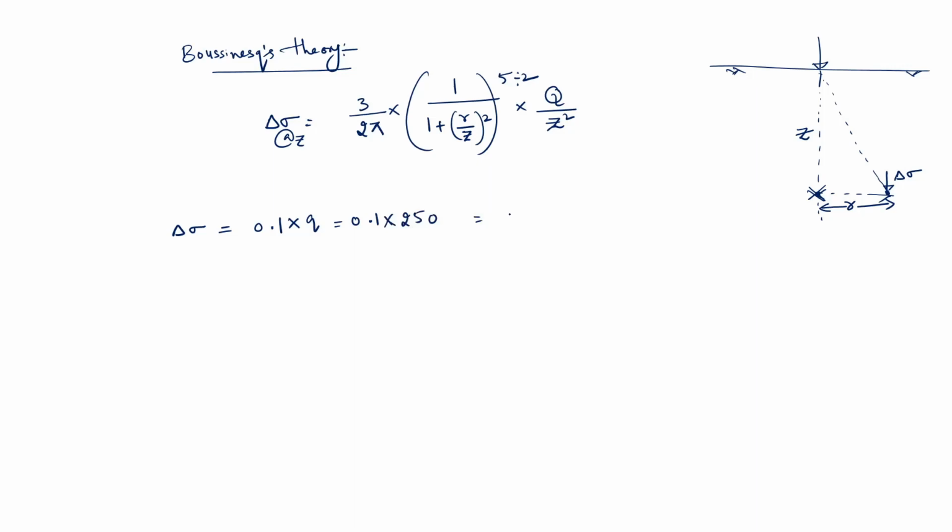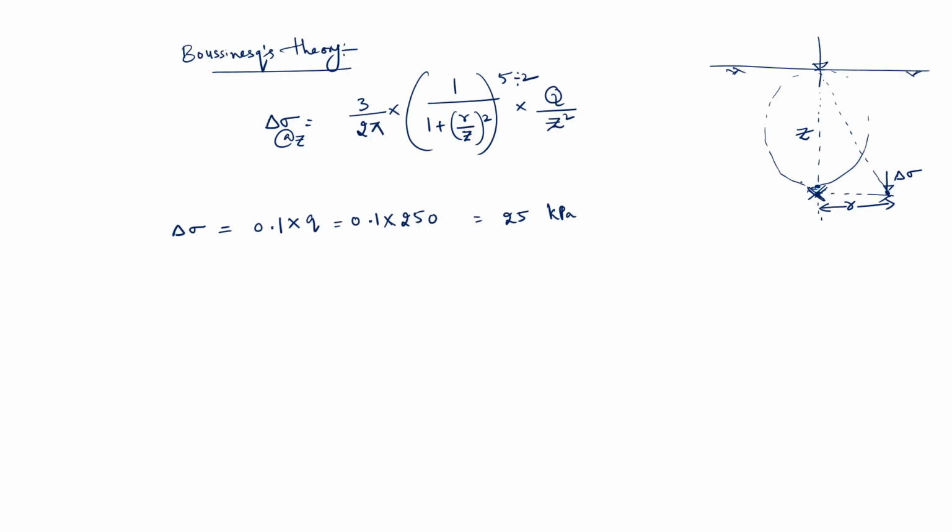So it will be 25 kPa. Now, what is the depth at which delta sigma is 25? In a pressure bulb, the maximum depth can happen only exactly under the line of application of the load, at this point.